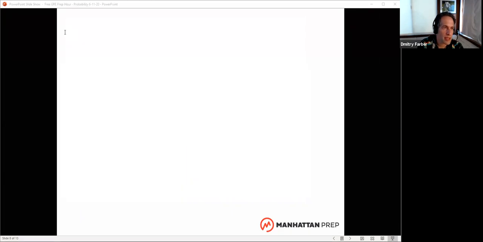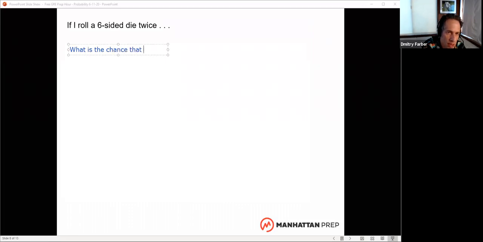If I roll 2 dice again, I'll keep that 2 dice thing going since we're working with it simple. If I roll 2 dice again, what is the chance that my 2 rolls are the same? What's the chance of that? 1/6, and we might just sort of feel intuitively that that makes sense, right?